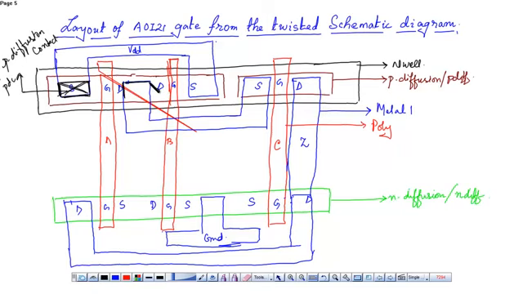This is another PDC contact. This is another PDC. Then you have the N diffusion contact.